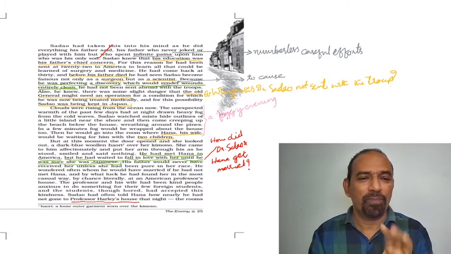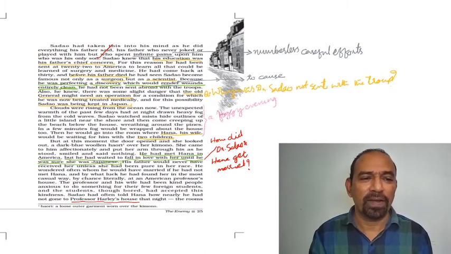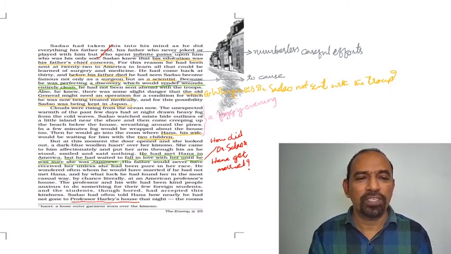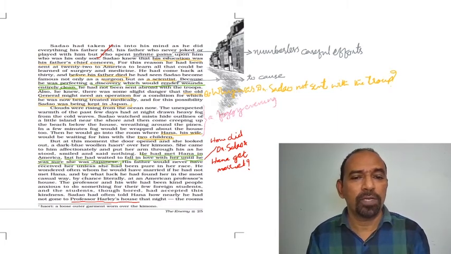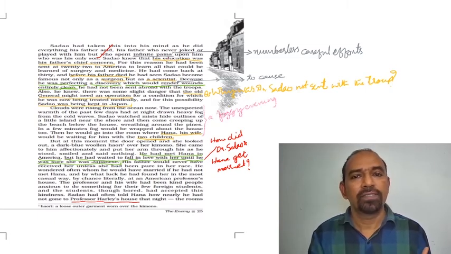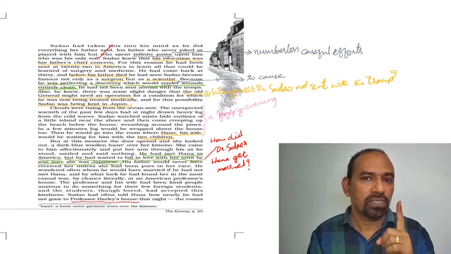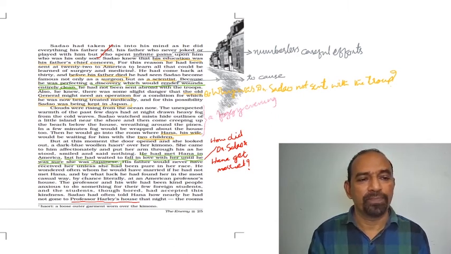He never played or joked with his son, but he spent infinite pains upon him. Infinite pains here means numberless careful efforts to bring up his child, because he was his only son. Sadao knew that his education was his father's chief concern.